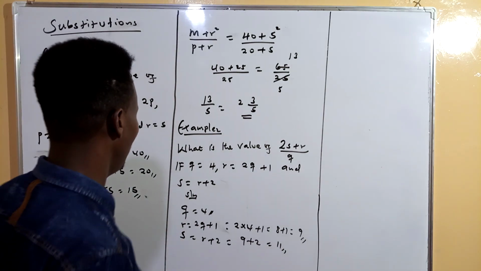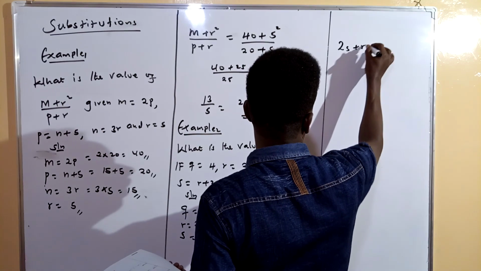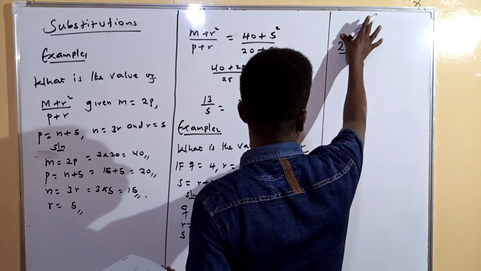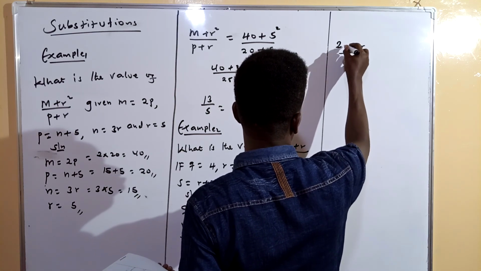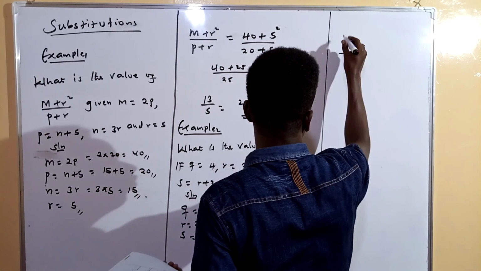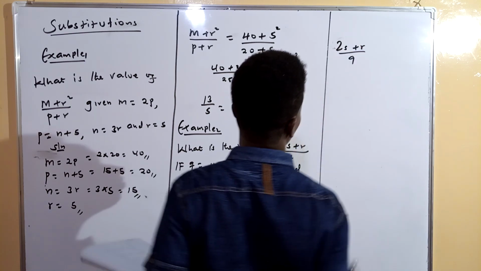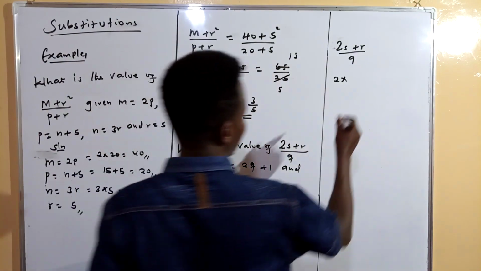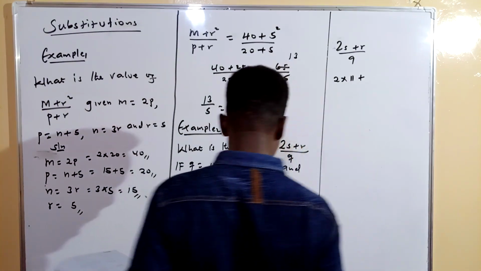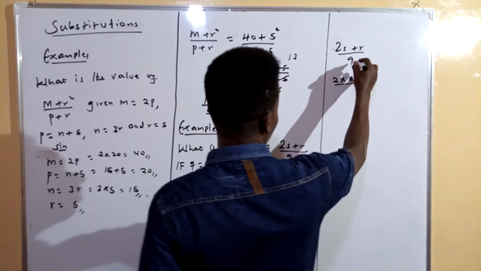So these are the values you're going to use. Come to this point. 2s plus r divided by q. Remember, this is 2 times s. s is 11, plus r. Your r is 9, divided by q.